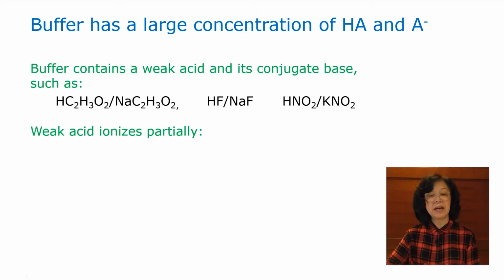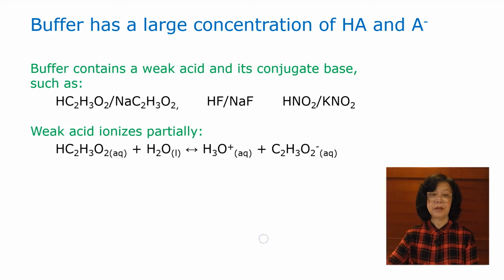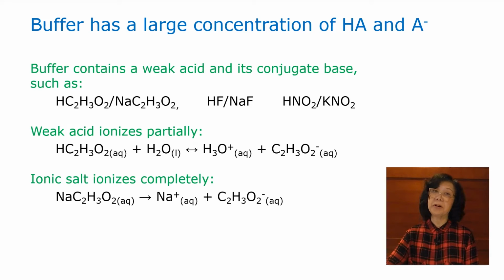Because the weak acid ionizes partially, according to the following equation, you have a large concentration of the acetic acid molecules unionized. And then if you have the salt in there, it is soluble in water and ionizes completely to form lots of acetate ion. So in the buffer now, you have a mixture of significant amount of the weak acid and the salt, which is the A-.